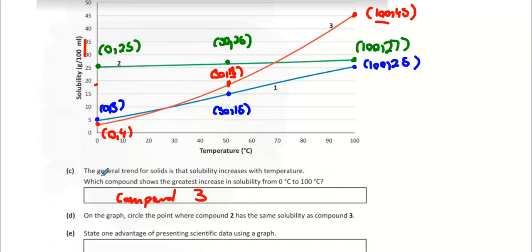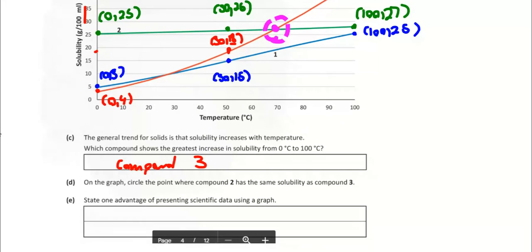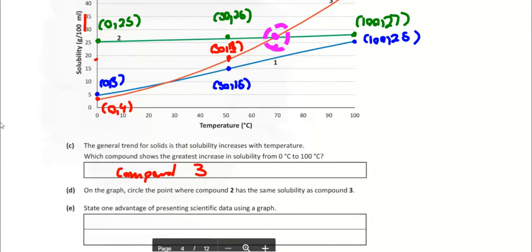On the graph, circle the point where compound 2 has the same solubility as compound 3. Here, so we'll just highlight it in purple. There you are. Okay, state one advantage of presenting scientific data using a graph.